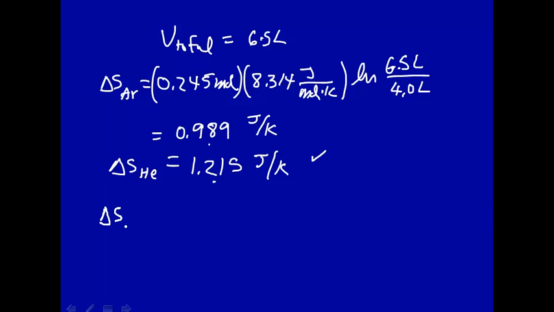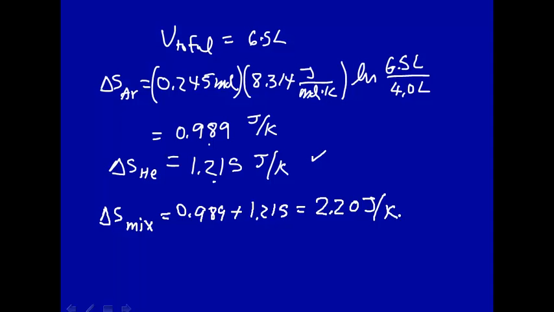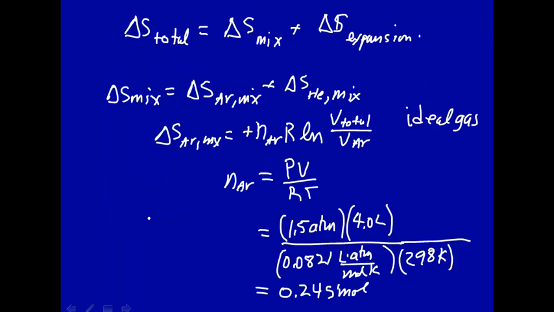So the total entropy change due to mixing is 0.989 plus 1.215, or, maybe I should reduce some significant figures here, 2.20 joule per Kelvin. So that's what delta S for mixing is.